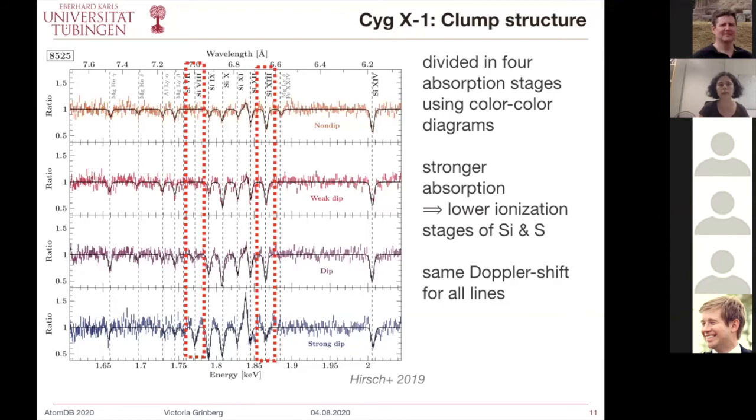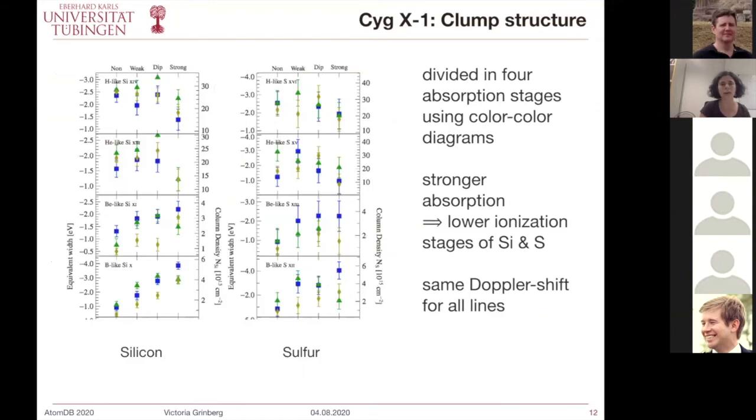But if you look at something like silicon-8, it's not present at all in the non-absorbed spectrum, and becomes stronger as the absorption becomes stronger. This is something you can see in general for different lines.